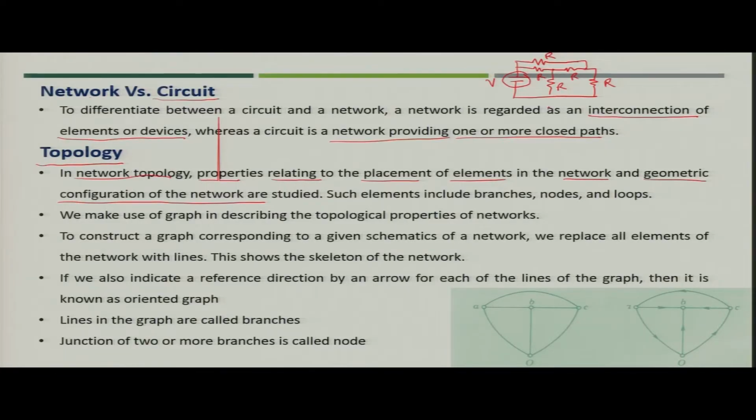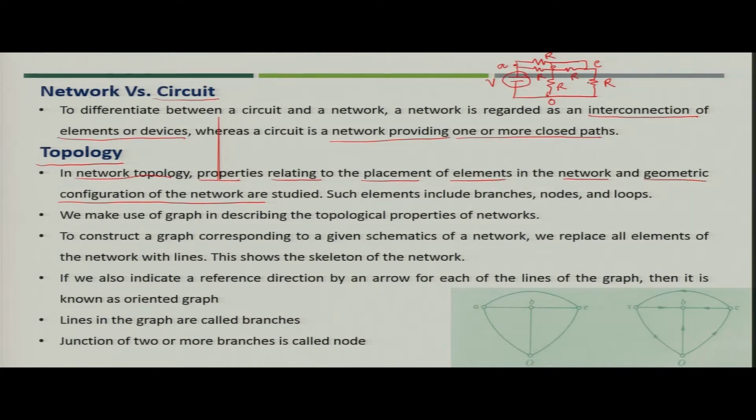So, if this is the circuit, you may be interested to find out the connectivity information. Connectivity information means you need to find out how the various elements are connected. Now, if you name this node as A, this node as B, this node as C, and this is O, that is the ground or maybe origin you can say.